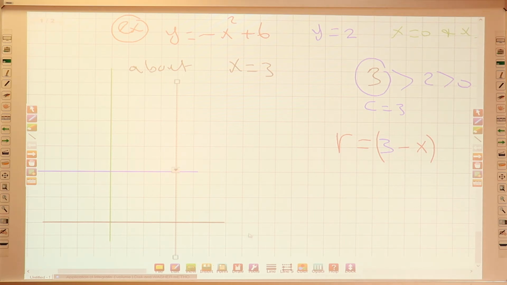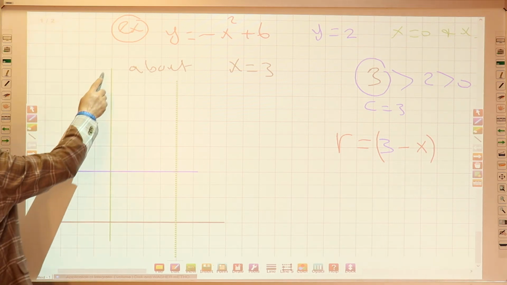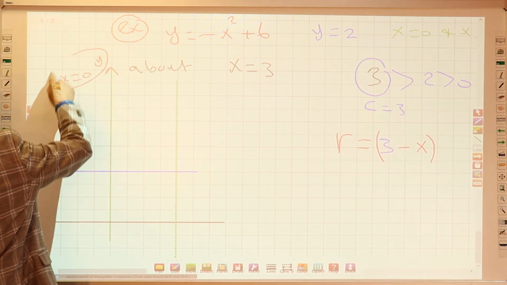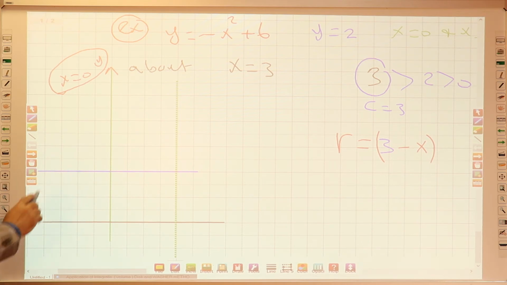Then this is my axis, x equals 0, the y-axis.